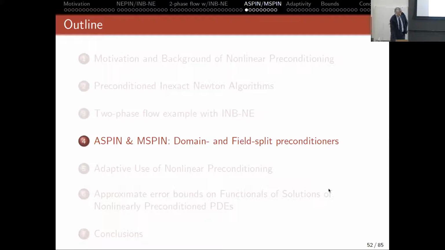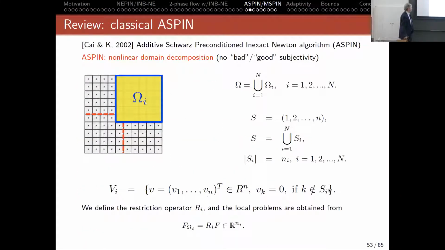So a little bit of perspective now on other aspects of nonlinear preconditioning, hopefully leading to some good questions. The original method goes back, as I said, 20 years to something called ASPIN, Additive Schwarz Preconditioned Inexact Newton.